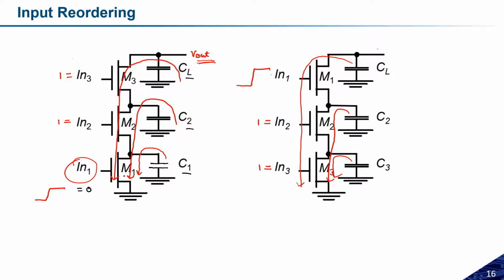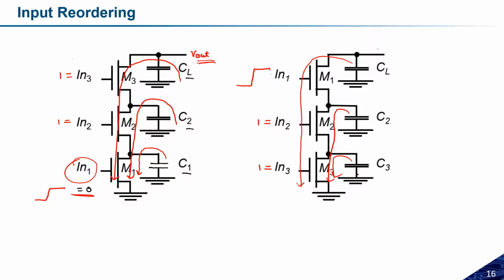I'm assuming that IN1 is 0 and all other inputs are 1. So even though M2 and M3 are in on state, there is no path to discharge C2 and C1. So once I1 goes high, all the capacitors will be discharged in the first case.